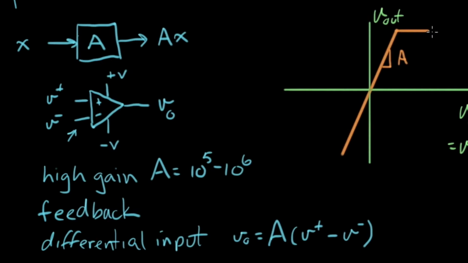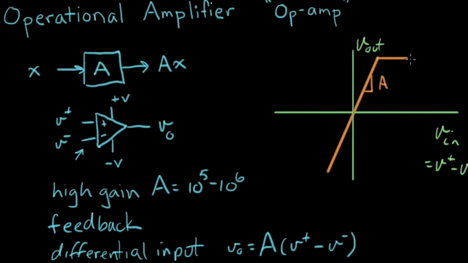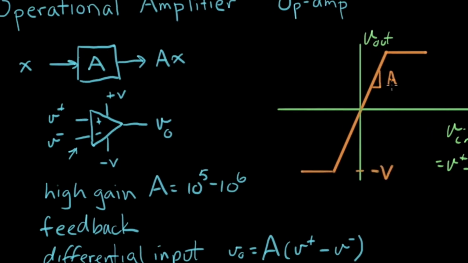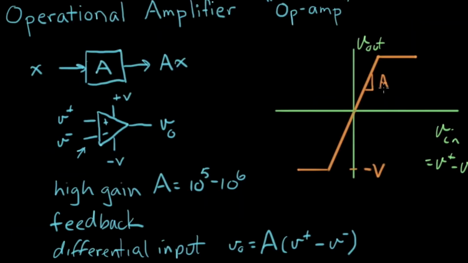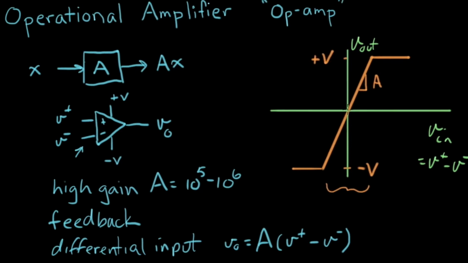Here we are going to make a plot of this equation, just so we get a good idea of what it looks like. Here x is the input voltage, equal to V plus minus V minus, which is the input signal to the amplifier. We apply the gain factor to get out V out.